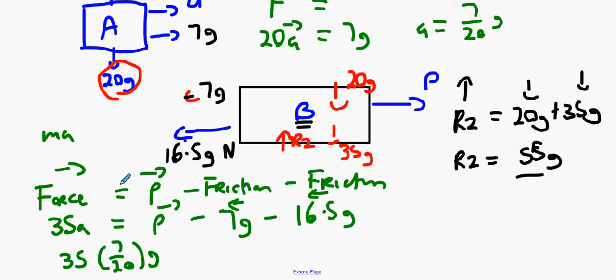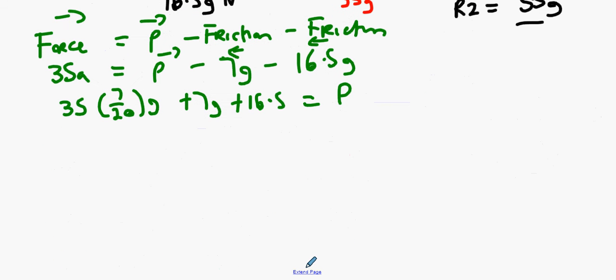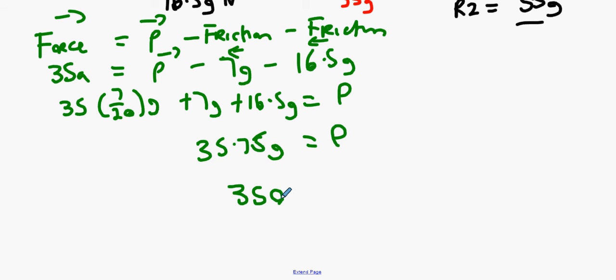Now I'm going to move the 7g to the other side as well, and the 16.5g, and that all equals P. I'm going to put all that into the calculator: 35 times 0.35 plus 7 plus 16.5, times g, equals 35.75g, and when I multiply that by 9.8, we get 350.35 newtons, and that will equal your P value right there.